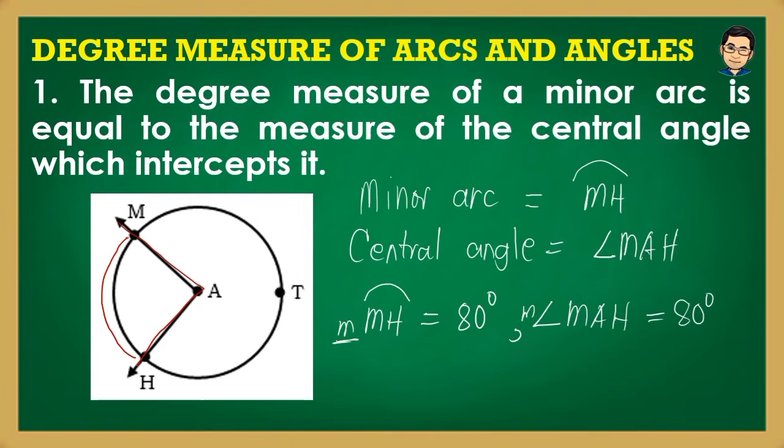So the measure of arc MH is 80 degrees, and angle MAH measures 80 degrees also. We can write it like this: the measure of arc MH is equal to the measure of angle MAH.